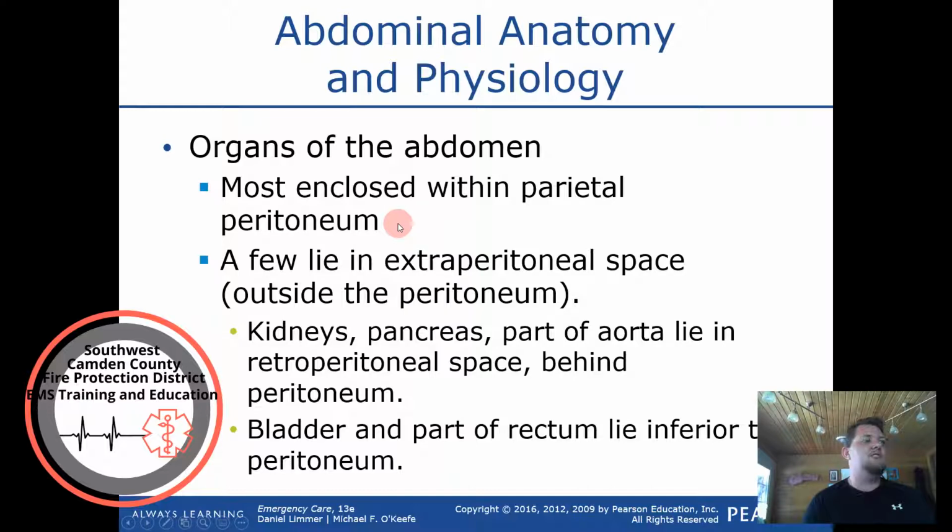Most are enclosed within the parietal peritoneum. A few lie in the extraperitoneal space, such as the kidneys, the pancreas, and part of the aorta, which lie in the retroperitoneal space behind the peritoneum, and the bladder and part of the rectum lie inferior to the peritoneum.